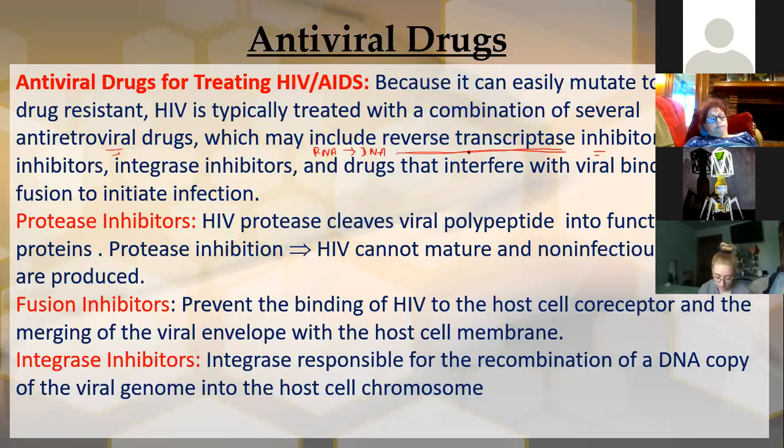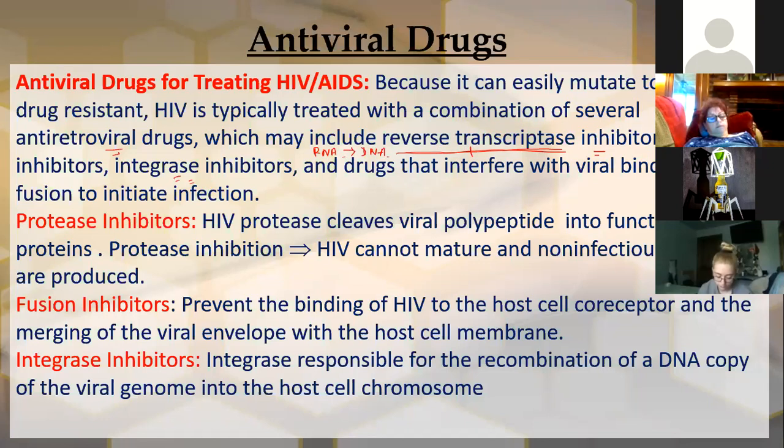So reverse transcriptase makes DNA from RNA. When they make the virus, there's a whole process, and so many other enzymes are involved, like protease and integrase. So we actually block all of these. First, if we attack reverse transcriptase, then they cannot make that.